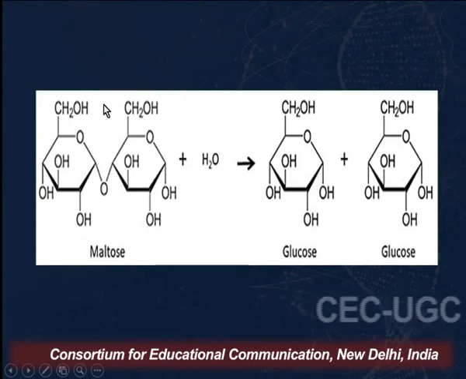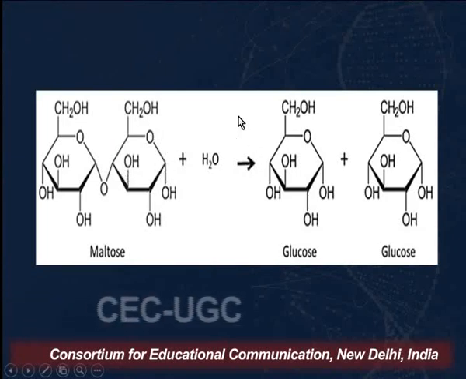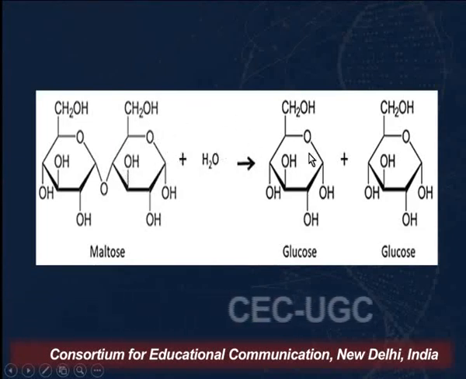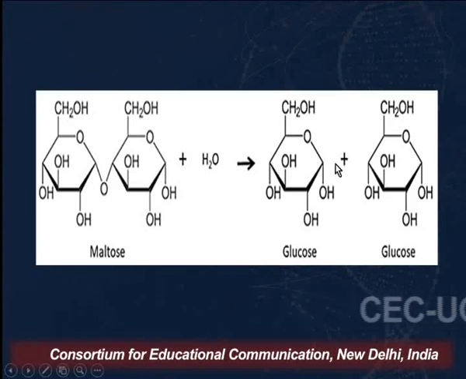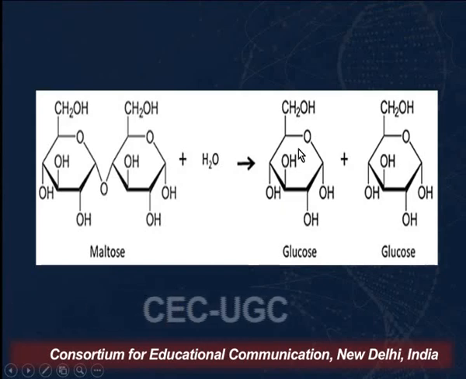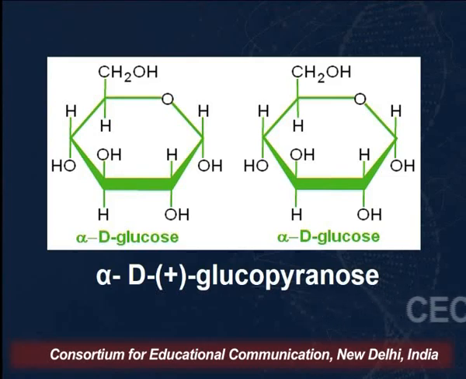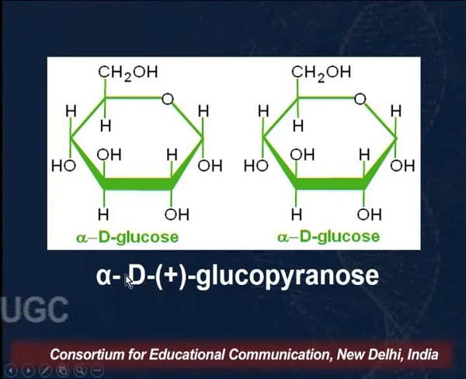So, the molecular formula here is C12H22O11, and when we add water to it, we get 2 units each having molecular formula C6H12O6. When we talk of these 2 units, we refer to them as alpha D glucopyranose.